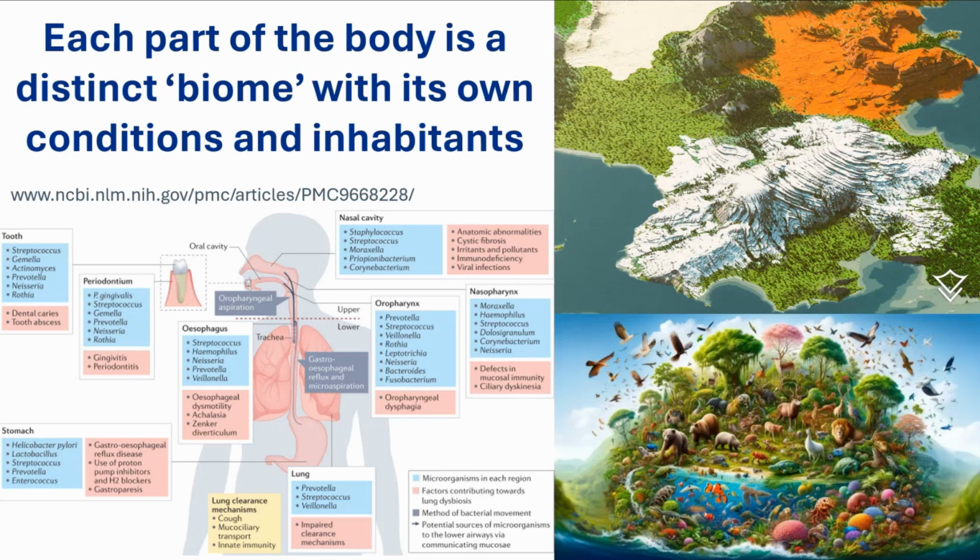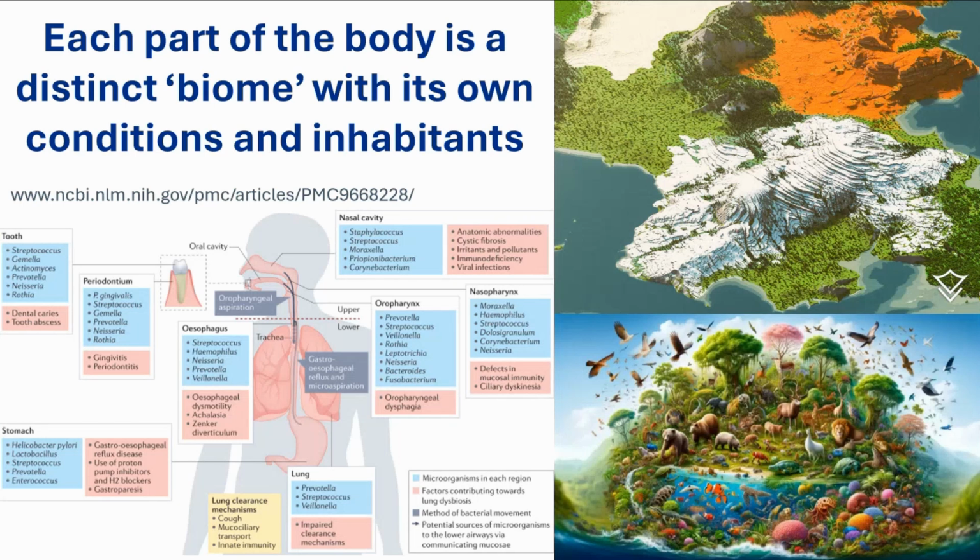But just think about each part of the body and its conditions, just like in a rainforest. All the local conditions will affect what can live there, and none of the biomes are really separate from the neighbouring ones.